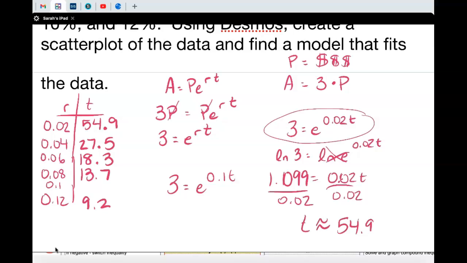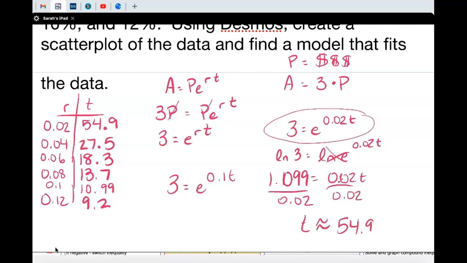So you take the natural log on both sides? Oh, I solved it for t. I plugged it into the second one. Whew! Trey's going to get there. 10.986. Yay.